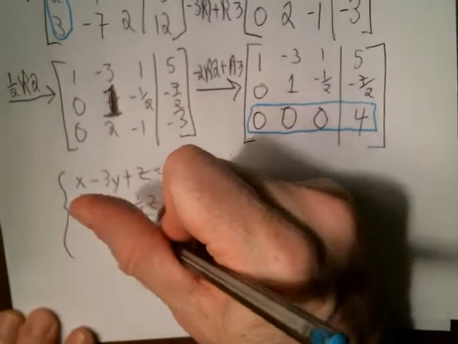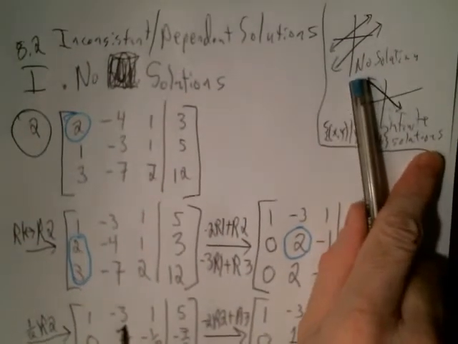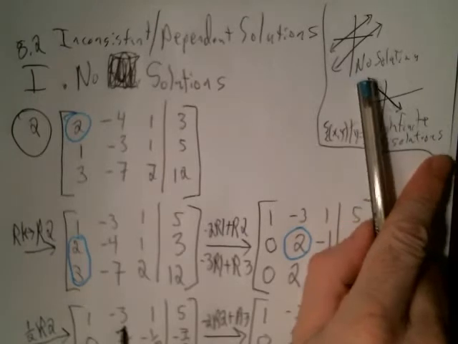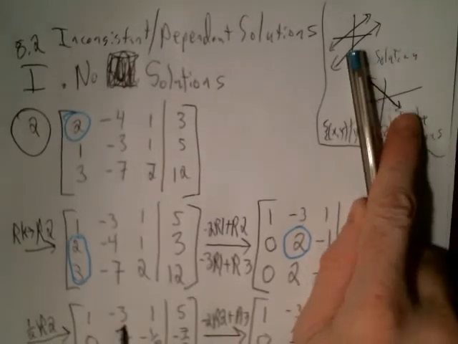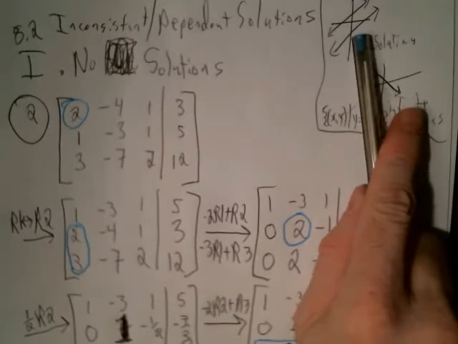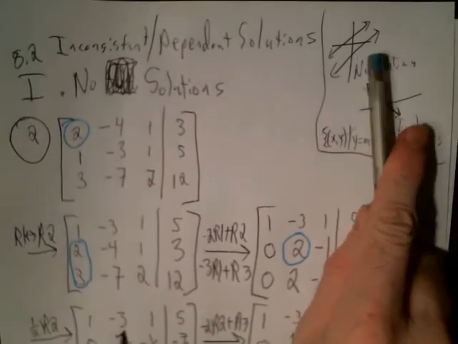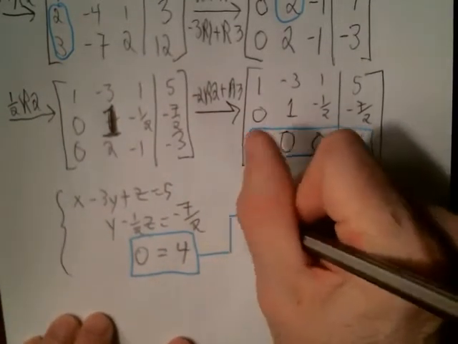There's our false statement that we would generally see when we're dealing with linear systems such that the equations were parallel to each other. Whenever we tried to solve these systems, we'd end up with a false statement like this. So it's exactly the same in this context. This indicates that we have no solutions.